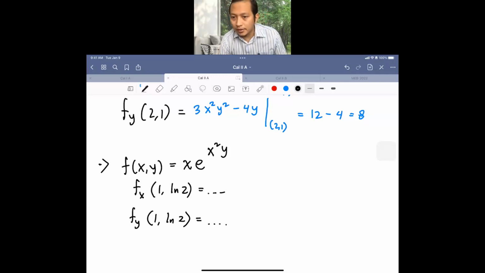Any other answer? Almost correct, I found almost correct. You need to check the squared. Yeah, almost correct. 2 plus the ln 2, missing something.